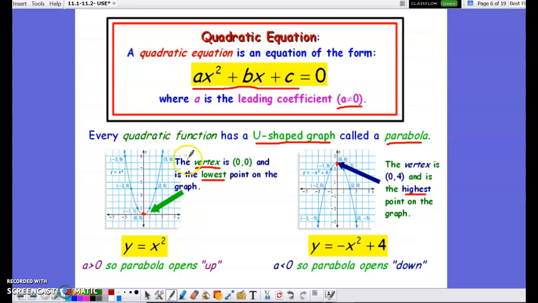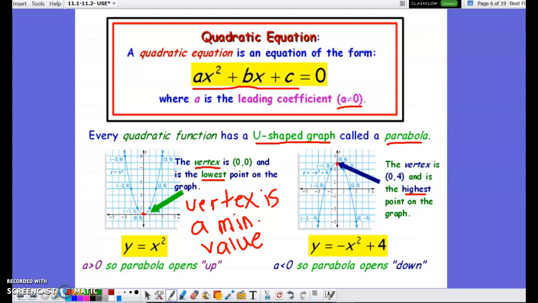If we go back to this example over here, since the vertex is the lowest point on the graph, we say that the vertex is a minimum, I'm just going to write min for short, value.